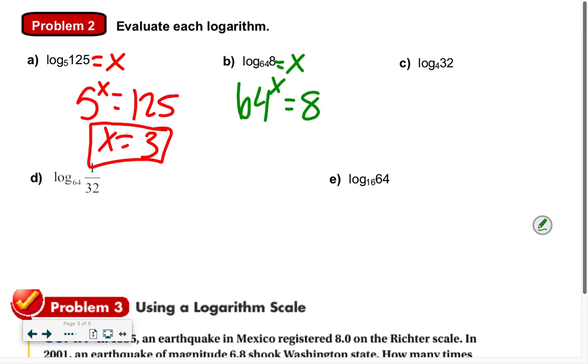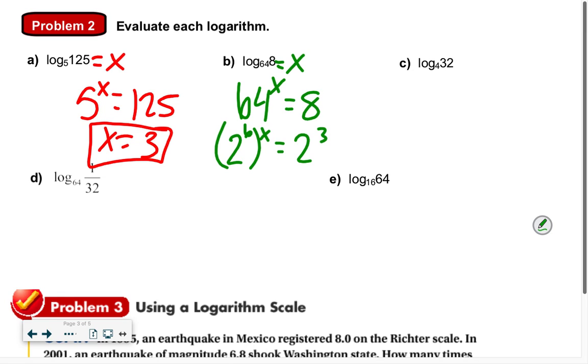So if I can write 8 as 2 cubed, I can write 64 as 2 to the what power? I think 6 is right. So 2 to the 6th is 64. 2 cubed is 8. Would you guys all agree with that?